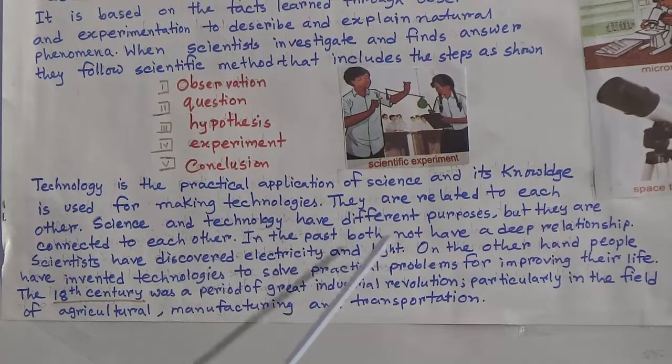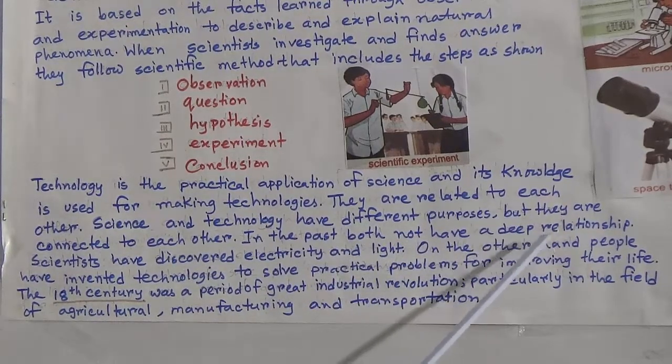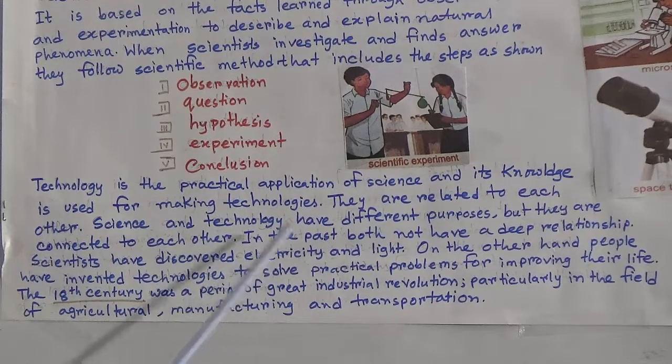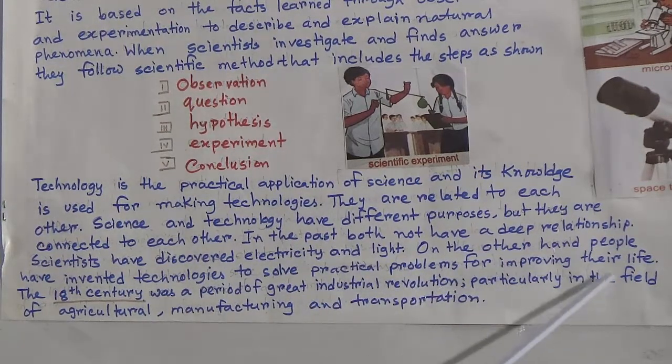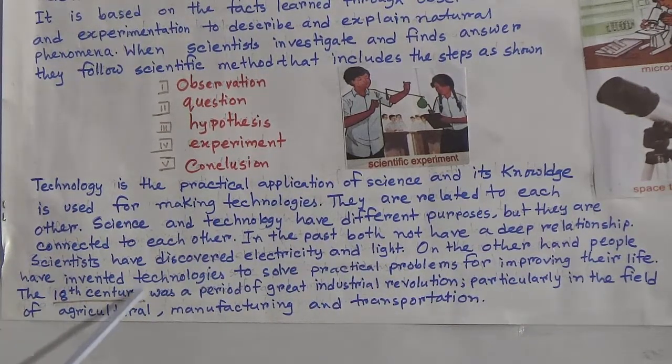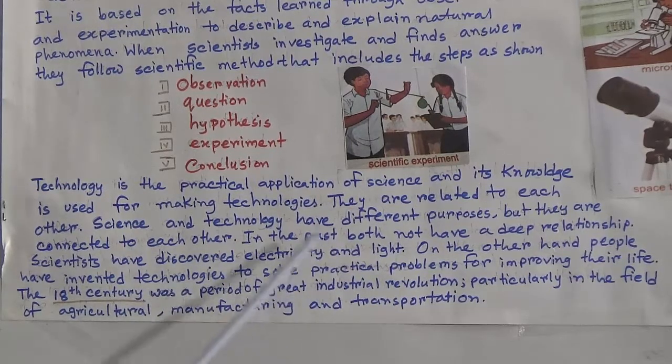In the past, both did not have a deep relationship. Scientists have discovered electricity and light. On the other hand, people have invented technologies to solve practical problems for improving their life. The 18th century was a period of great industrial revolution, particularly in the fields of agriculture, manufacturing and transportation.